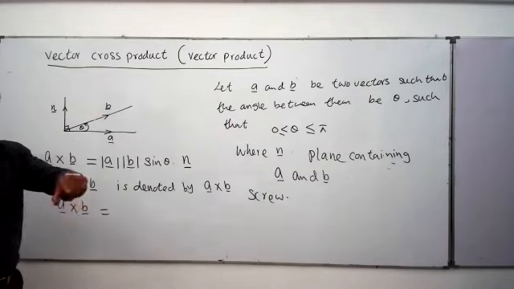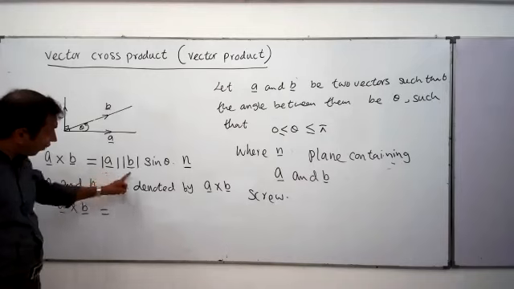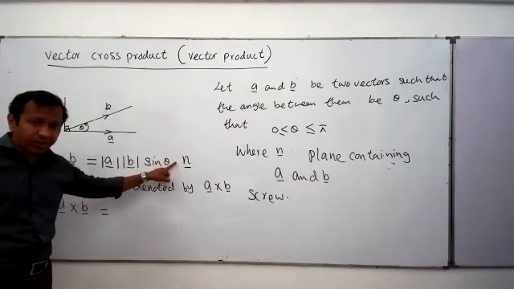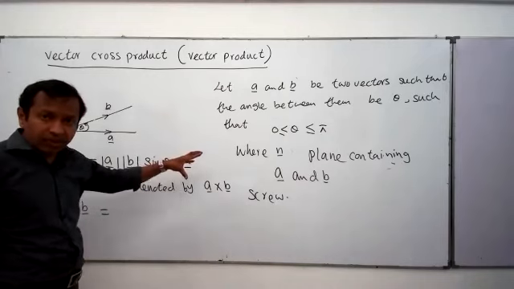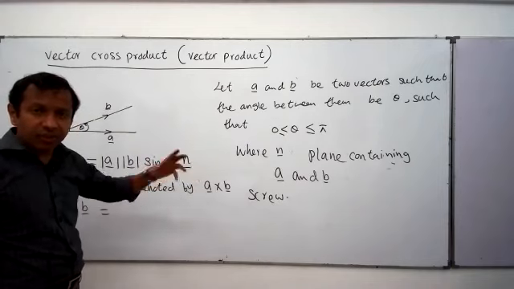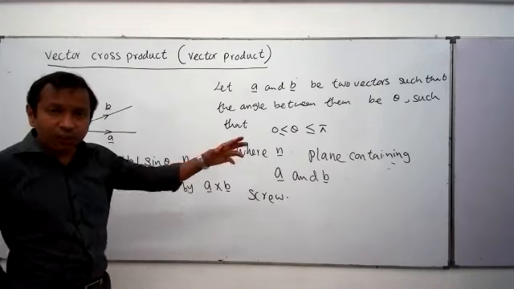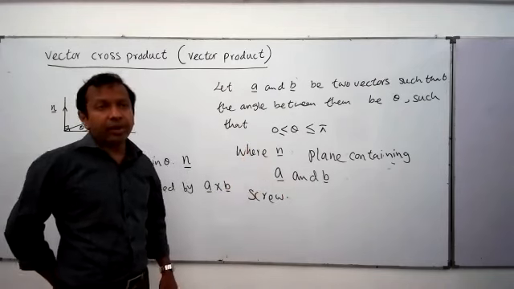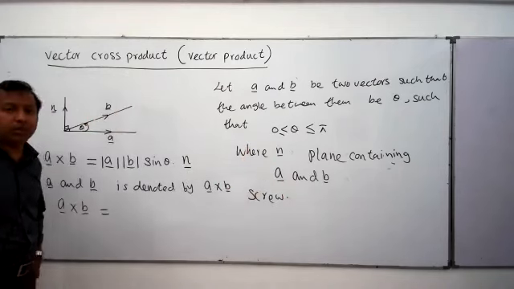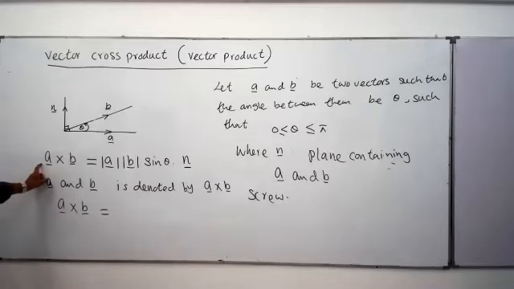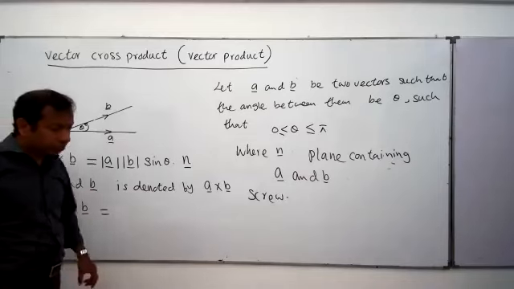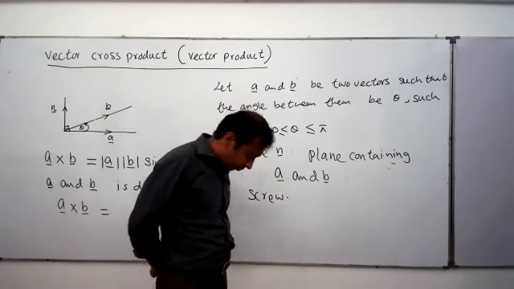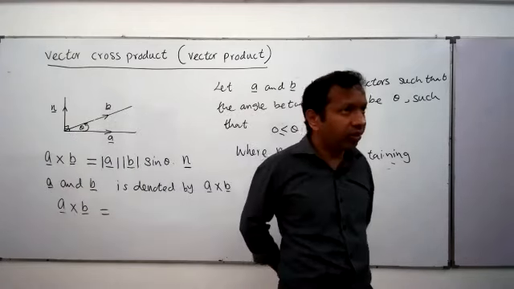Right. The other sentence, people, the last sentence. Since we have on the right hand side a vector, the final result is a vector. So therefore, A cross B will give another vector. That is why it is known as a vector product. Right. Write down: the result of A cross B is a vector.